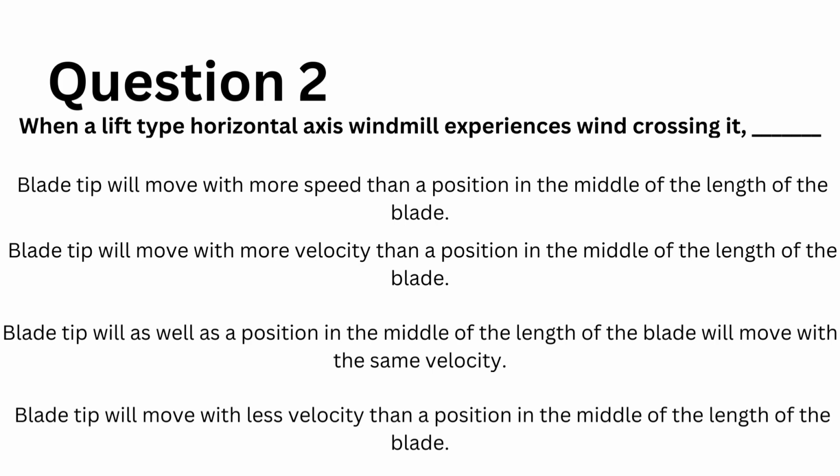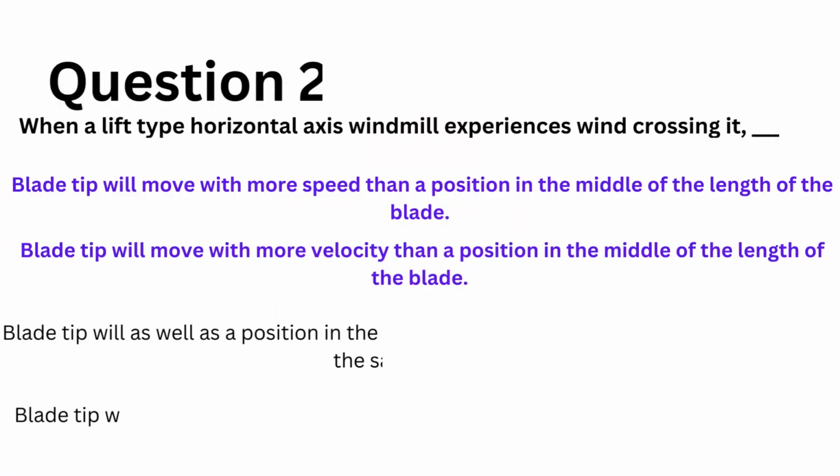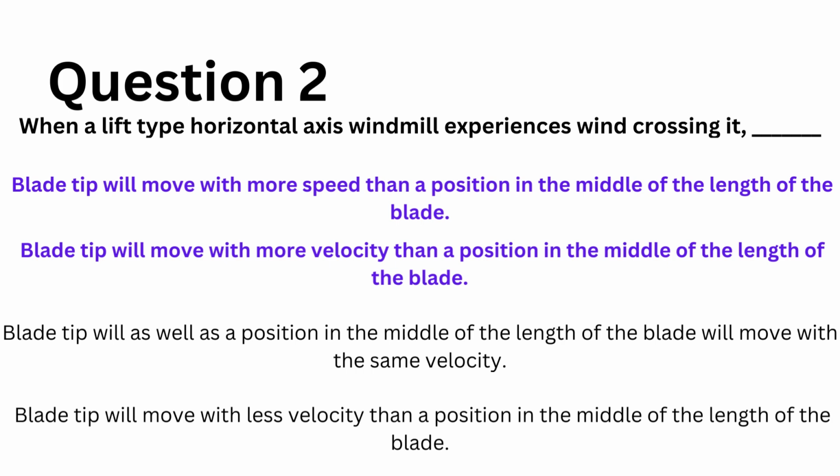The blade tip will move with less velocity than a position in the middle of the length of the blade. And the right answer is: the blade tip will move with more speed than a position in the middle of the length of the blade, and the blade tip will move with more velocity than the position in the middle of the length of the blade.